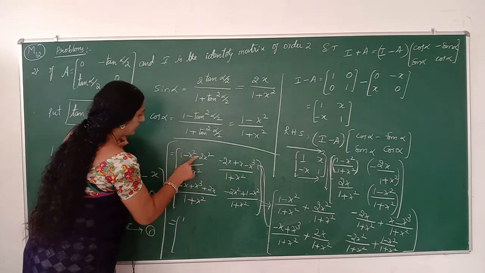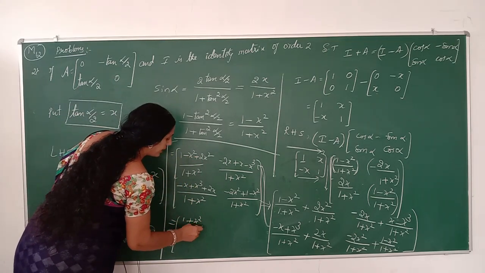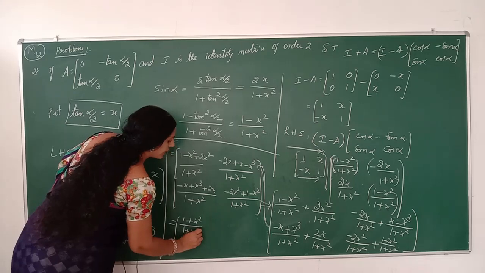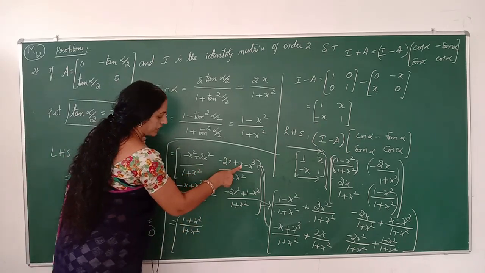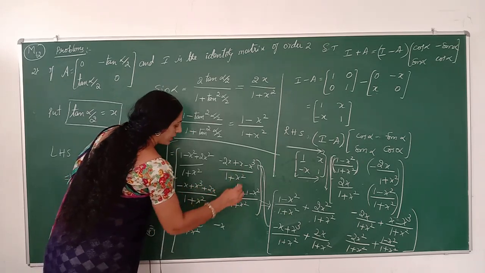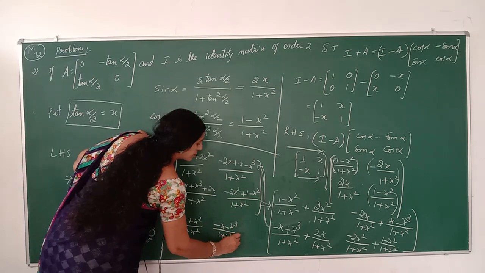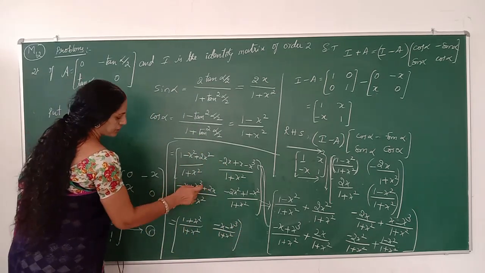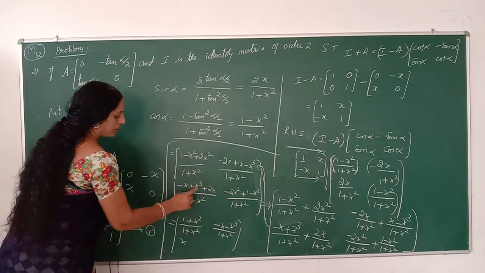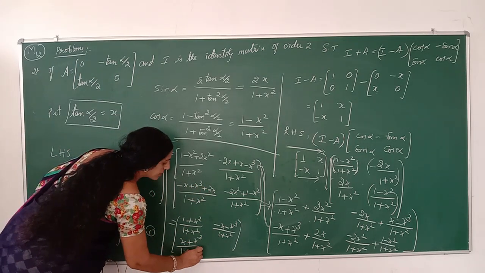1 plus 2x square minus x square is nothing but 1 plus x square, divided by 1 plus x square. Similarly, minus 2x plus x is minus x, plus x cube, divided by 1 plus x square. In the second row, minus x plus 2x is x plus x cube divided by 1 plus x square.